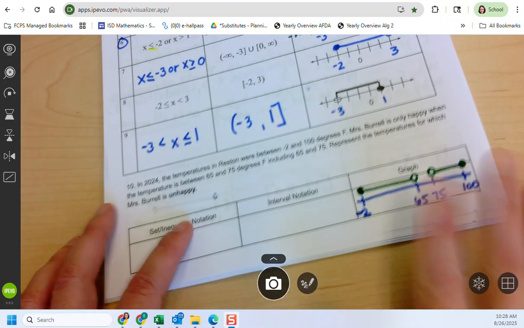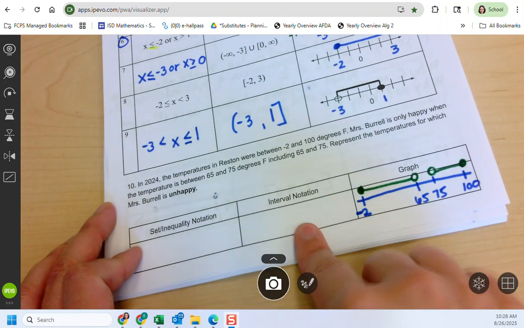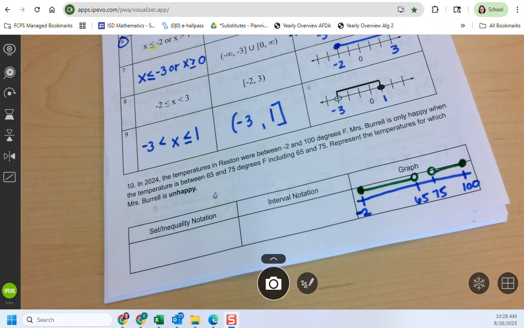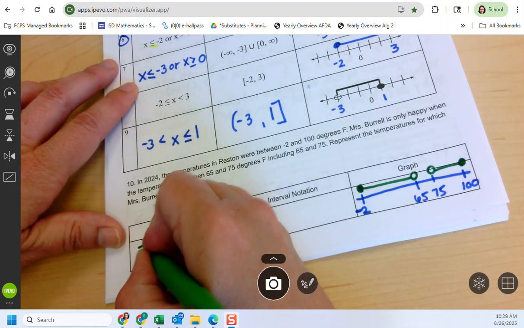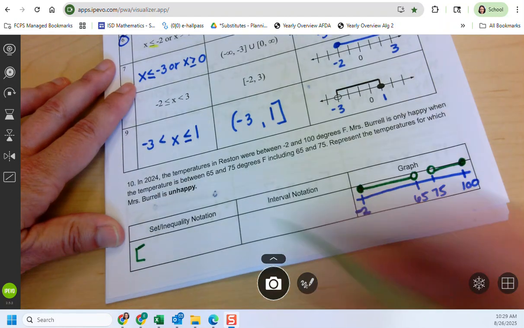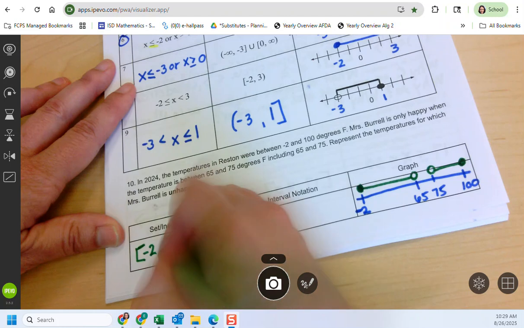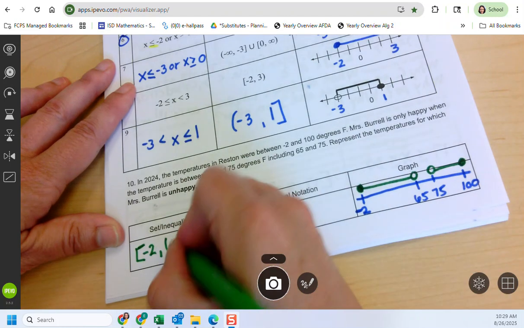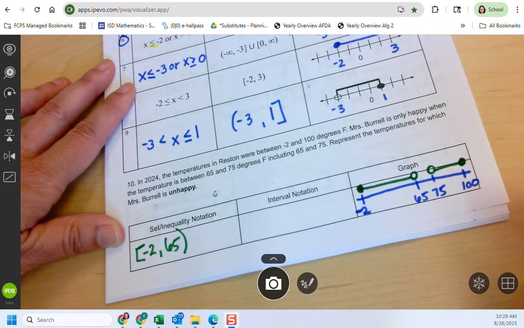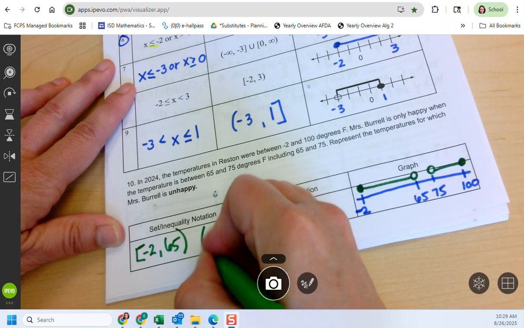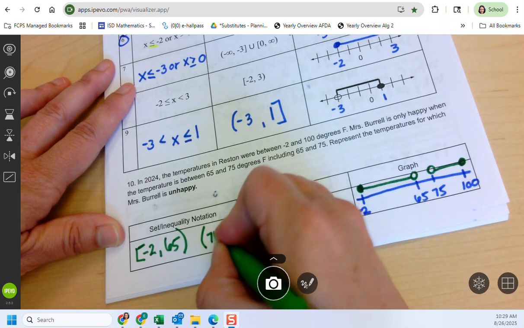All right, so now that we have the graph to describe it, we can probably do our other notations pretty easily, right? Remember that the solid dot is a square bracket, from -2 to 65. The open dot is a parenthesis. The next open dot is also a parenthesis.